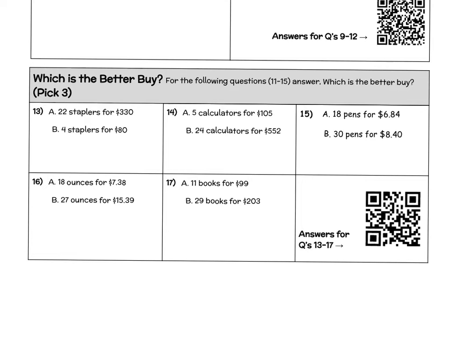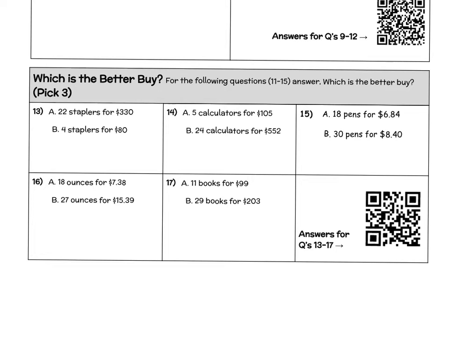Once we find that out, we'll figure out which one is the better buy by looking at which one of those answers has the cheaper price. That's the reason why we always put the money on the top, because we're trying to figure out how much one stapler costs. So that money is going to go on the top and our staplers are going to go on the bottom, so we can get our staplers down to one item.